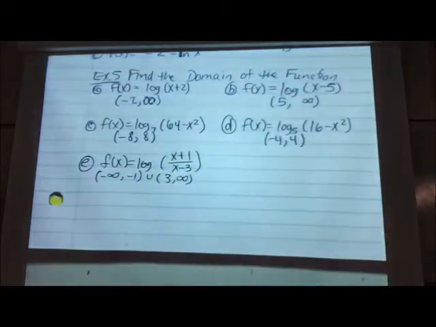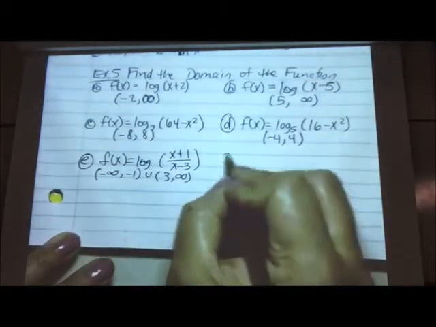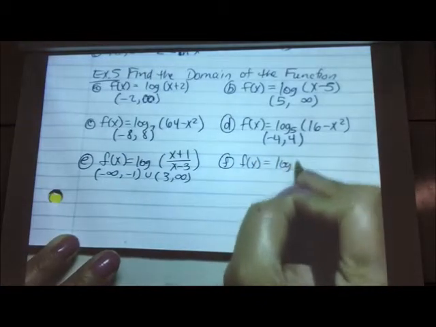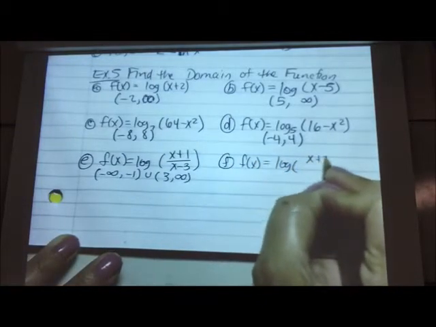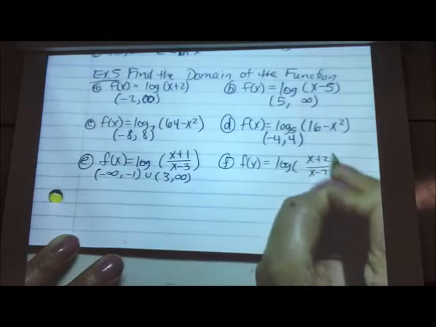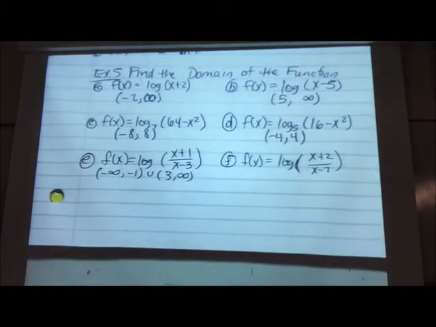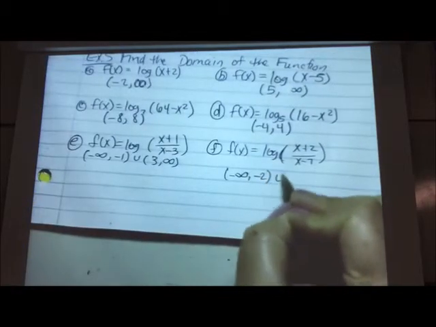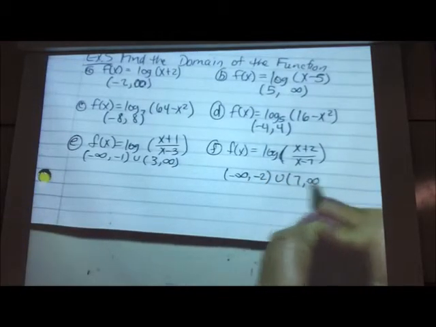Let's do the last example, and then we're done. We have f of x equals log of x plus 2 over x minus 5. What do you think this is going to be? Negative infinity to negative 2, union, 5 to positive infinity.